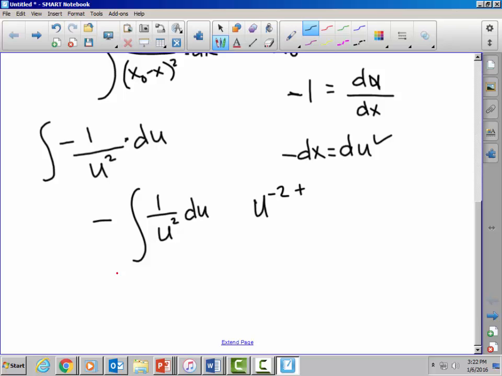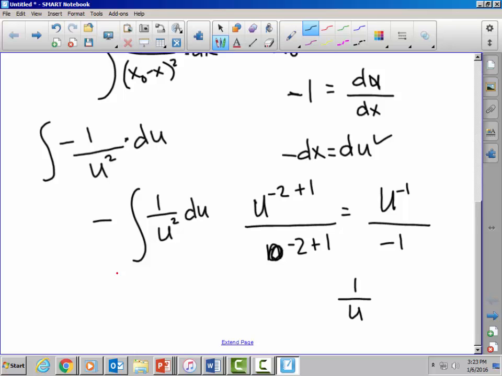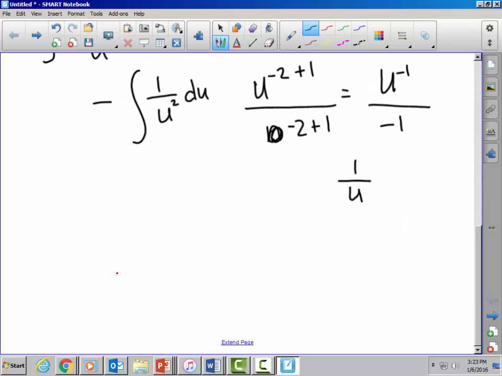So I'm going to add 1 to that power, and I'm going to divide by the new power, which gets me u to the negative 1 over negative 1. U to the negative 1 is 1 over u. So this is going to be negative 1 over u.